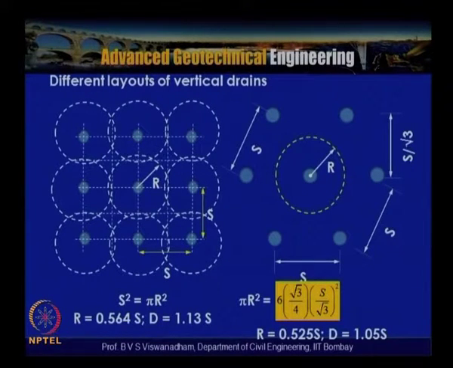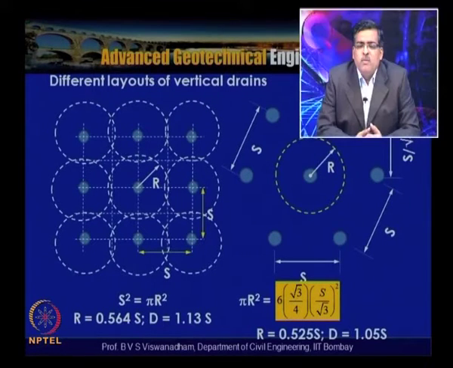Normally it started with sand drains and then came wick drains, and now in modern terms, vertical drains in the form of prefabricated vertical drains are very popular, and their installation is faster, so the drains can be introduced at a minimum spacing of 1 meter to 1.5 meter.